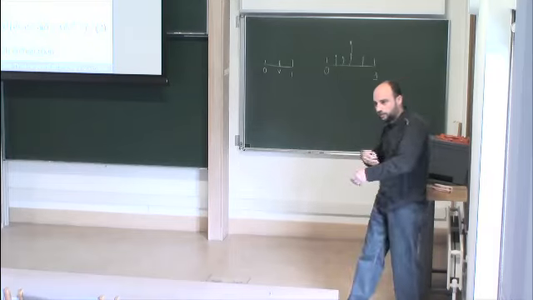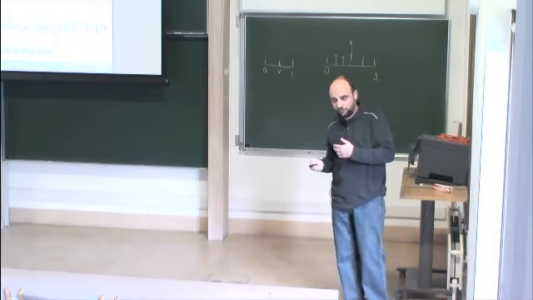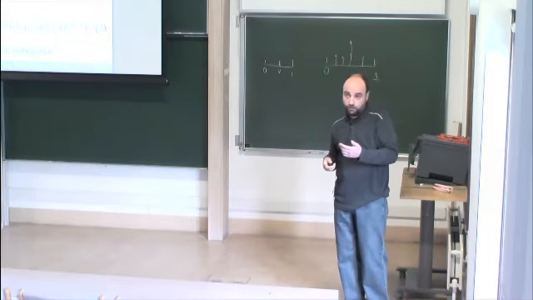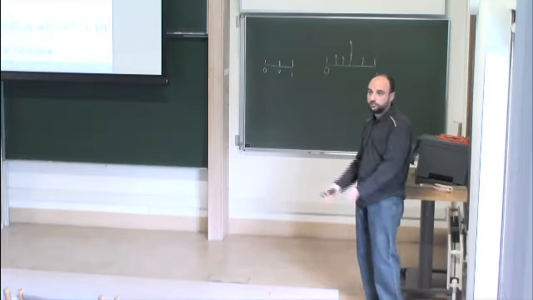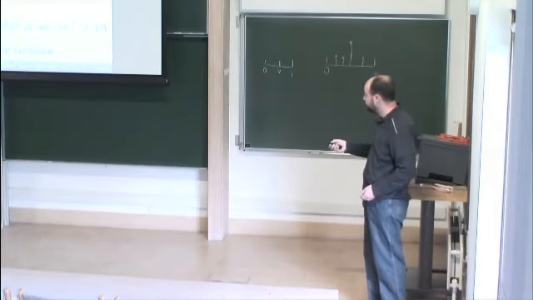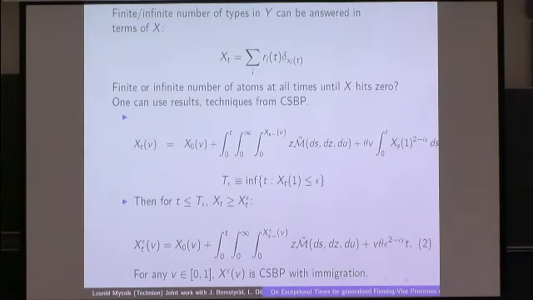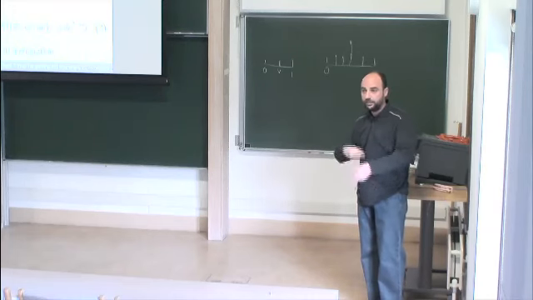And if you are going in the direction of showing that there is an infinite number of atoms in the Fleming-Viot process X, this is what we need. We need to bound it from below. If this has an infinite number of atoms, and this has an infinite number of atoms, then Fleming-Viot has an infinite number of atoms at any time, and no exceptional times.